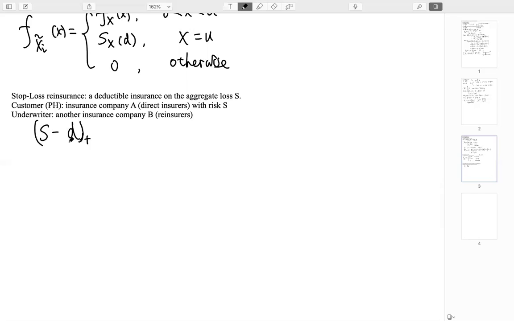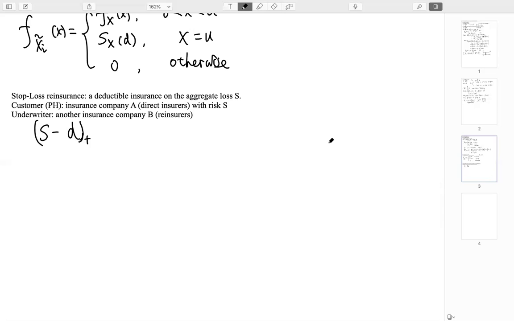Stop loss is applied on an aggregate level. Mathematically speaking, the difference is whether you apply the deductible and then do the summation, or you do the summation first and then apply the deductible. That's the mathematical difference.